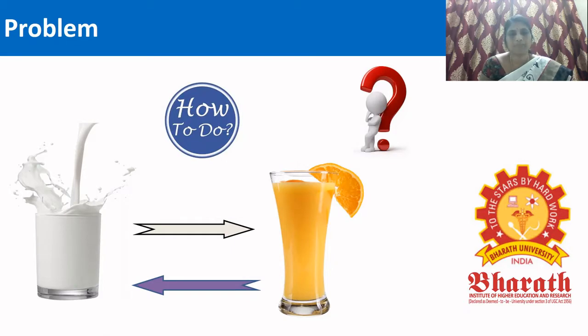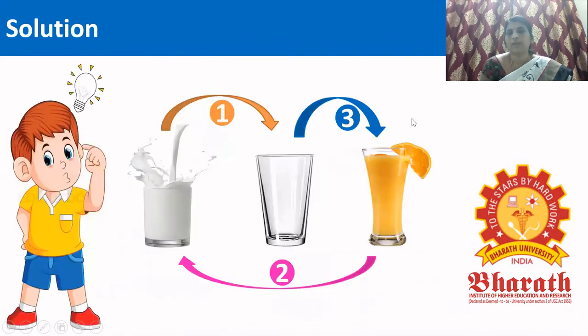Say for example, when I want to transfer two liquids, as shown, there is a problem for us. So we need a solution. I think everyone knows we need an extra glass to transfer the two liquids. So there was a problem and there we obtained a solution. Similarly, in all day-to-day life, we need solutions to the problems.